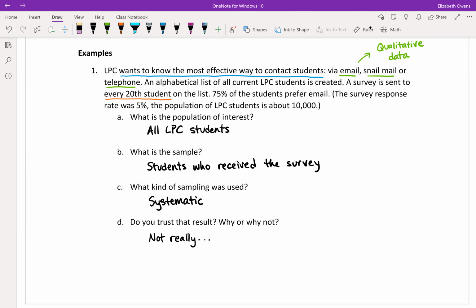And the reason why is because of the part in parentheses here, the last sentence. The survey response rate was 5%. The population of LPC students is about 10,000. So let's take that off to the side here for just a sec. The population is 10,000 students.